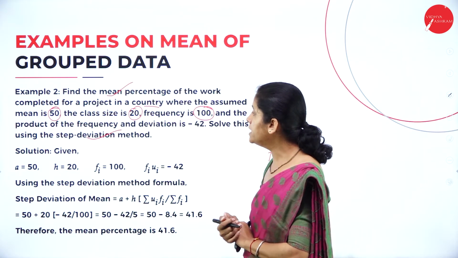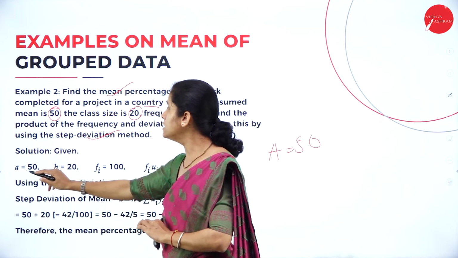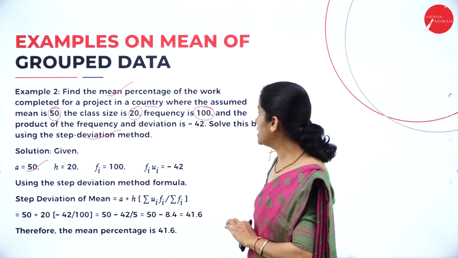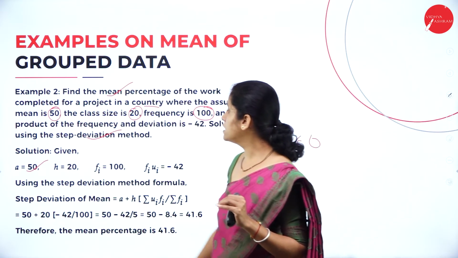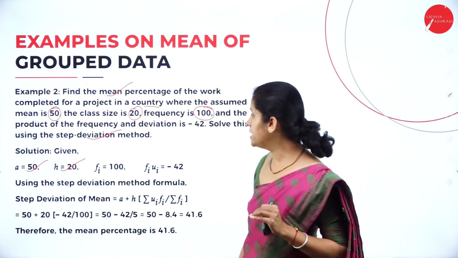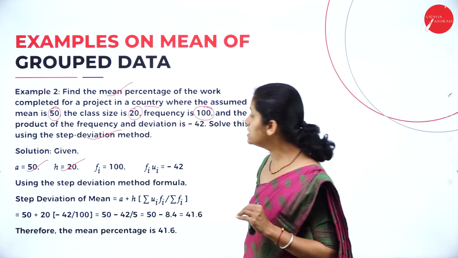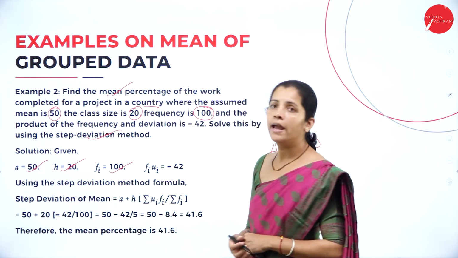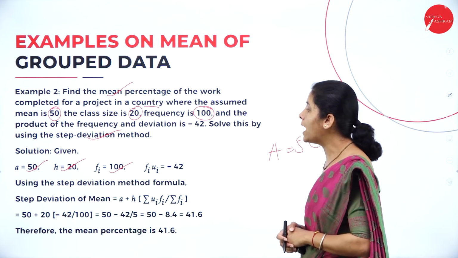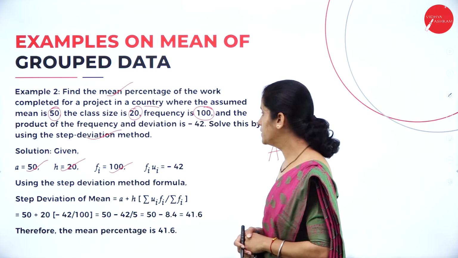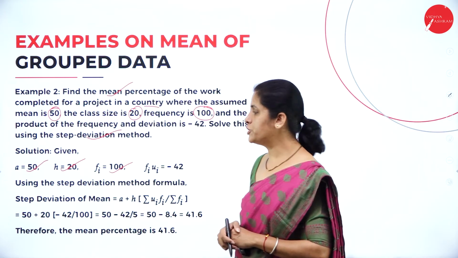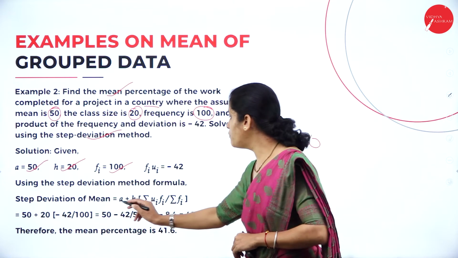Now, dear student, see here, A is 50, which is the assumed mean. Height is 20. Frequency sum fi is 100. Fi into ui is minus 42. By using the step deviation method, what is the formula?